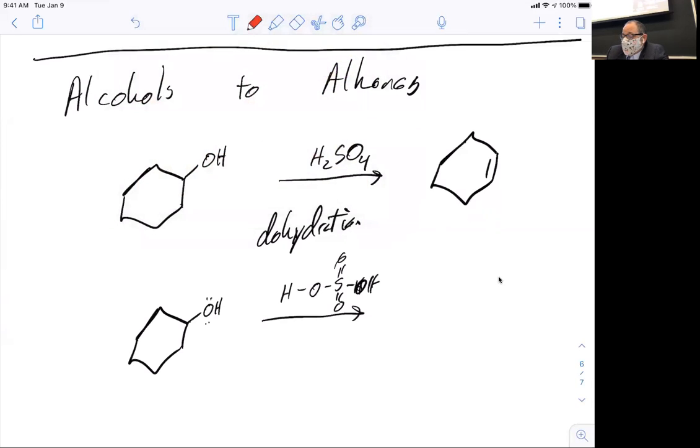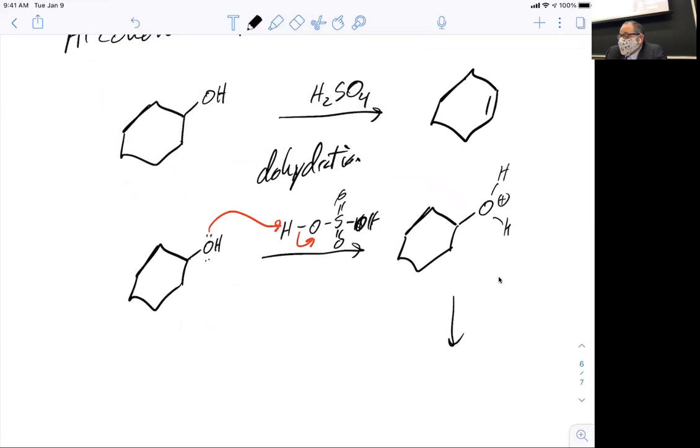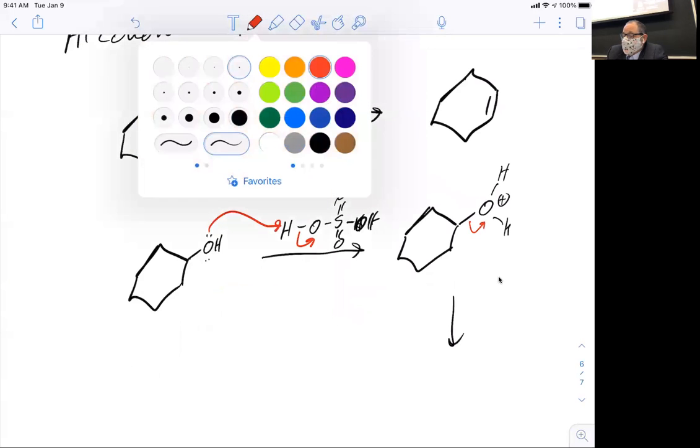go through the mechanisms. So we protonate. Then we get formation of the carbocation.